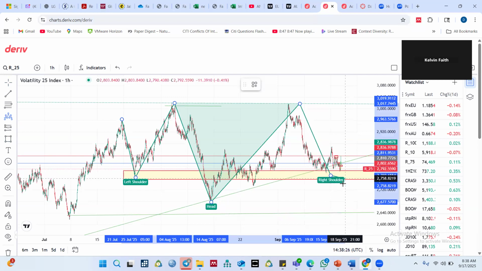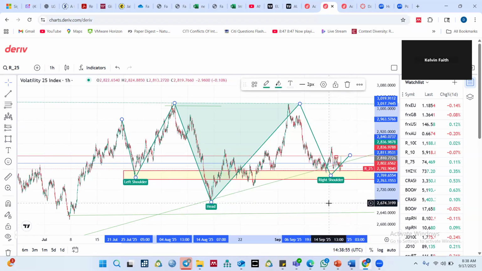So this also looks like a bullish head and shoulder pattern where we have the left shoulder, we have the neckline, we have the head, price goes up, breaks structure to the neckline again, and we have the right shoulder.